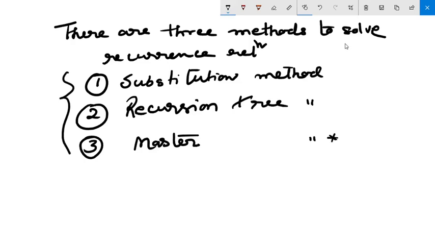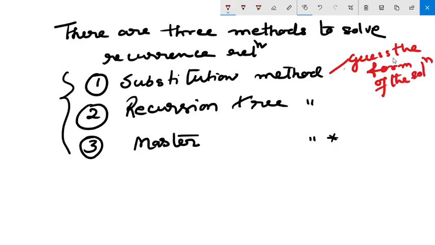These three methods we have. We are going to discuss the master method today. But remember the substitution method. I'm giving you a hint, later on I'll cover it in more detail. The substitution method guesses the form of the solution.